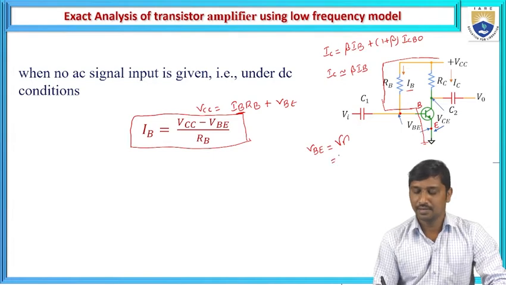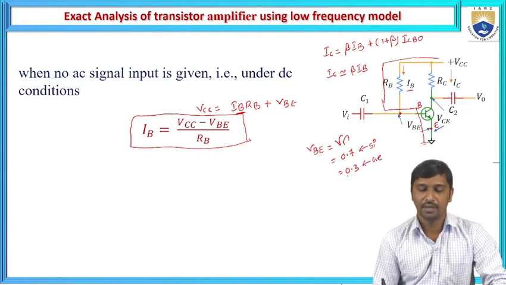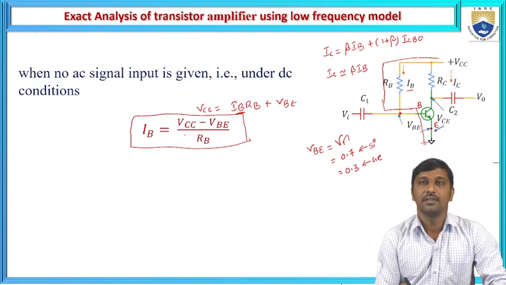In general, V gamma is either 0.7 volts or 0.3 volts. If it is silicon, that is 0.7. If it is germanium material, that is 0.3. Hence, the VBE value is much less than the given DC biasing source.